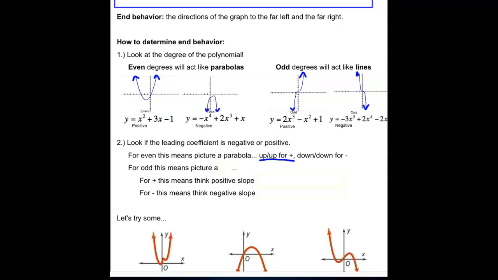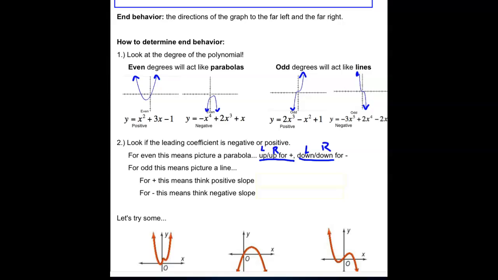So we refer to that as up on the left and up on the right when it's positive, or both down, down on the left and down on the right, if the leading coefficient is negative.